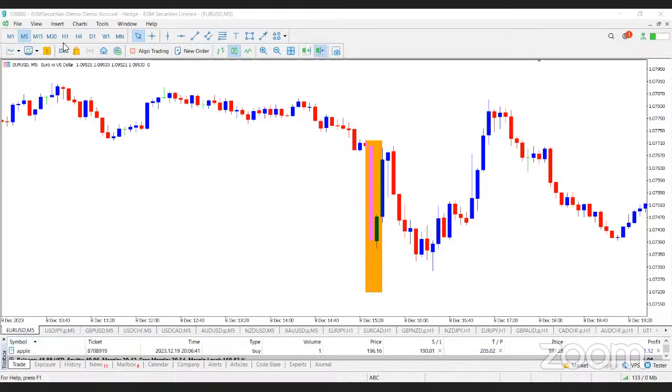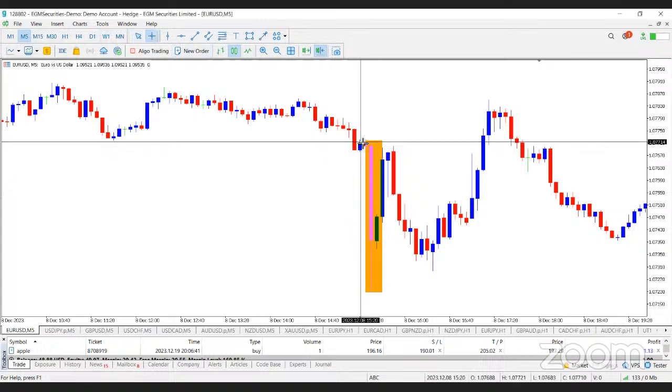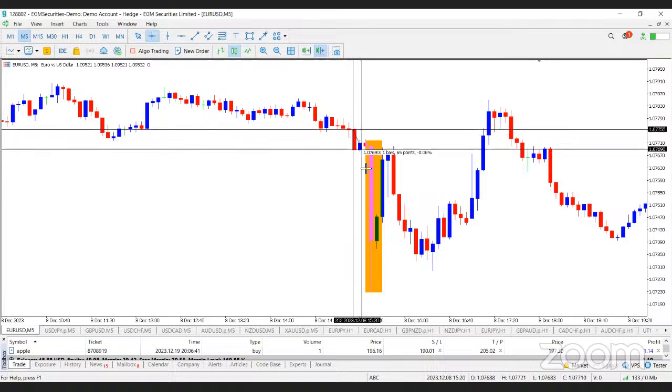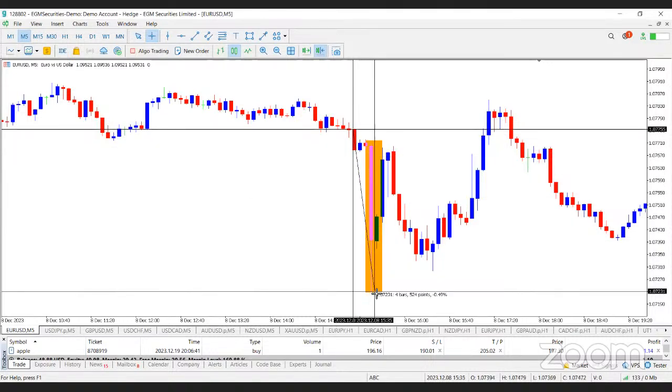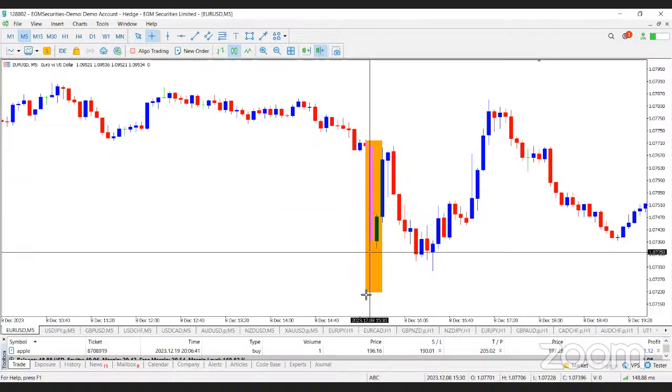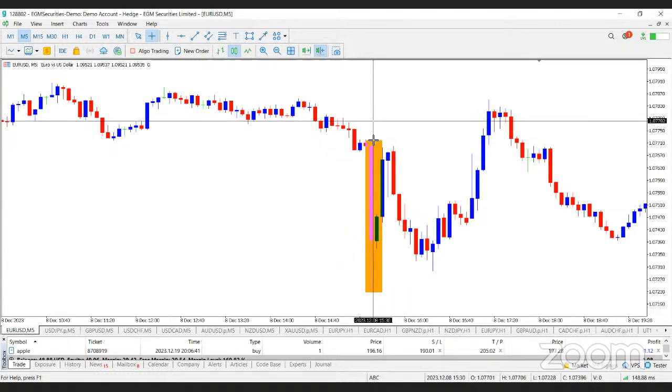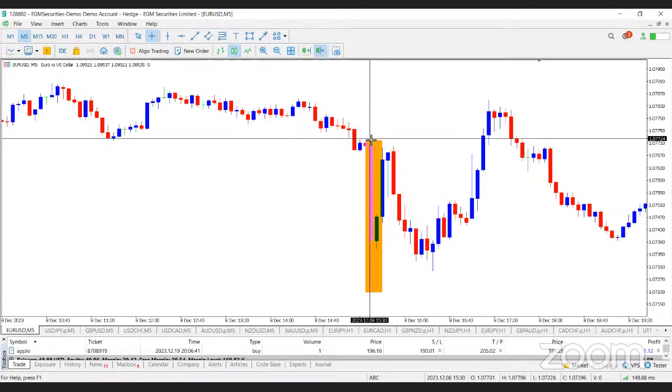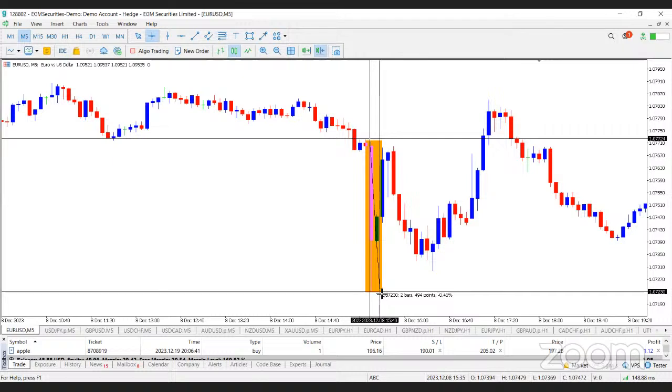You'll notice towards 4:30 p.m. on 8th of December, Euro USD was performing pretty well in favor of the dollar. So this is the period when those data points were announced. You'll be able to see that there was a huge spike in favor of the dollar where Euro USD dropped by around 49 pips.